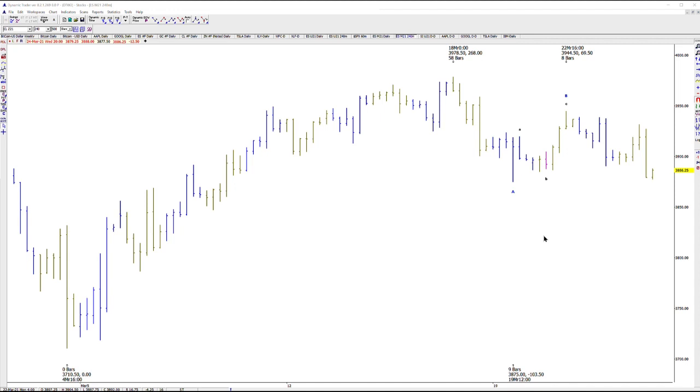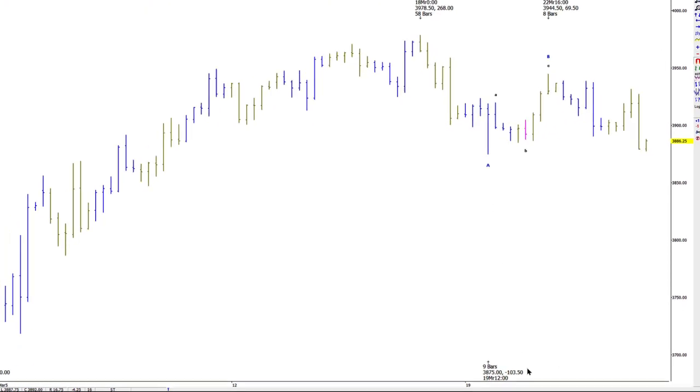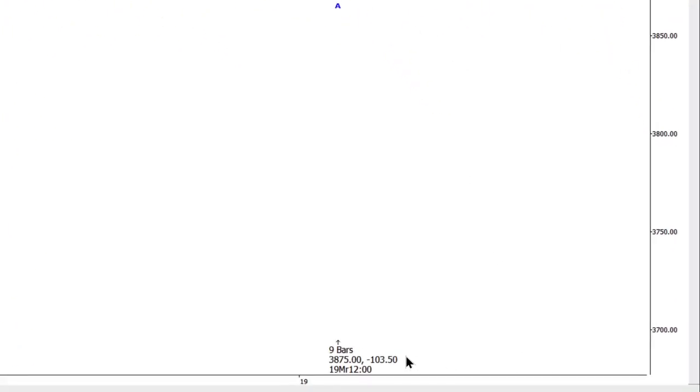Let's begin by doing the alternate price projection of this initial section down, which I labeled wave A, from the wave B high. We measure this range, and we can see the range was 103.5 points.